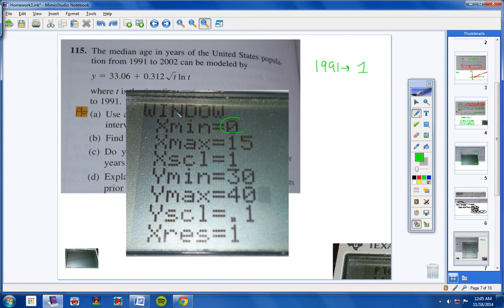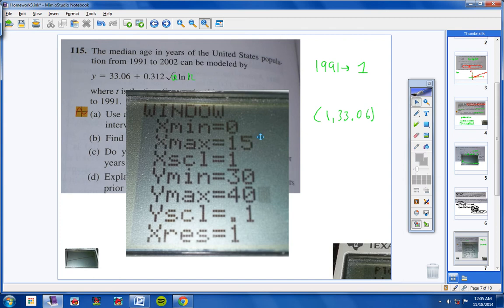Well, guys, I just put a 1 in for t like this, and I got out 33.06. Then I put a 12 in for t. Now, why 1 and 12?